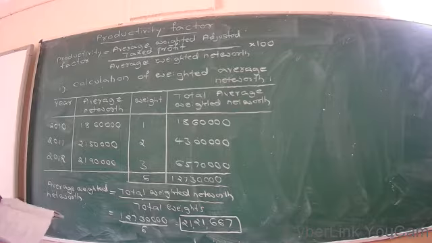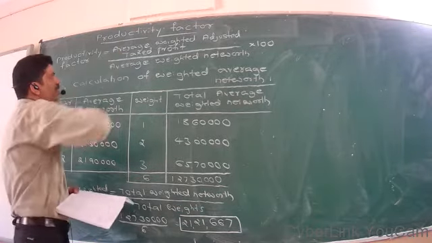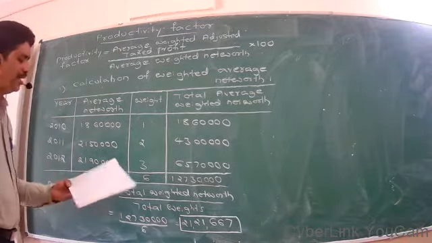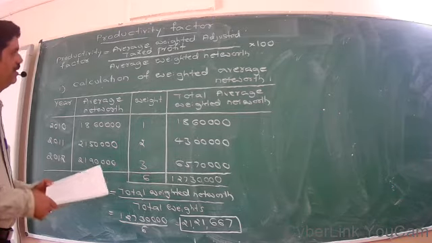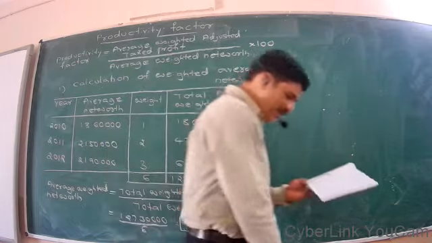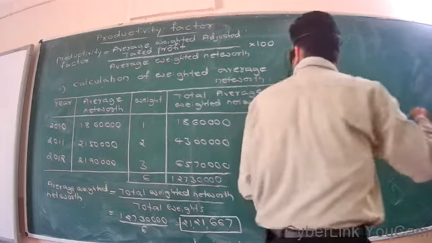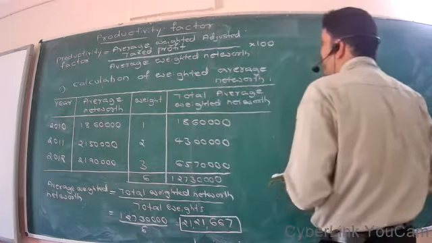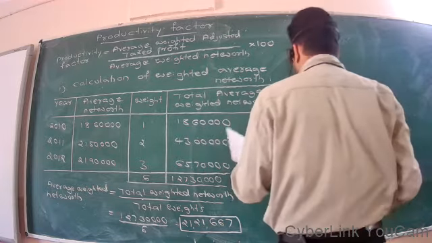Now we'll go with the next element, the average weighted adjusted tax profit. So step 2 will be calculation of average weighted adjusted tax profit.